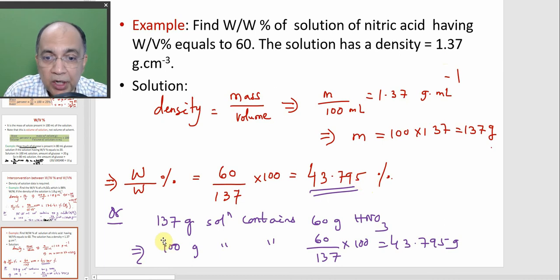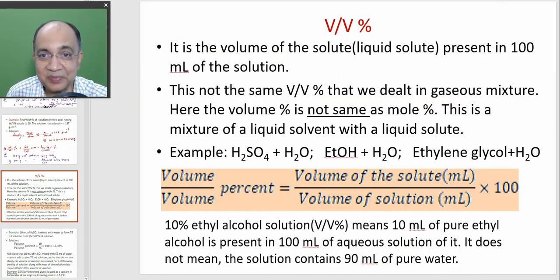Understand? Or you can do it by the unitary method. If 137 gram of the solution contains 60 gram, then 100 gram contains this by this into 100. Same. Which do you like, formula or unitary? The choice is yours.